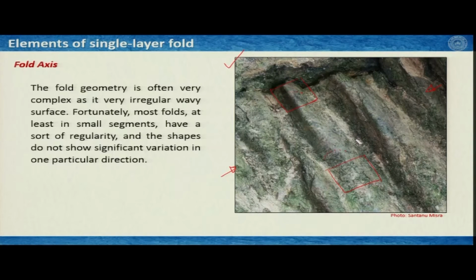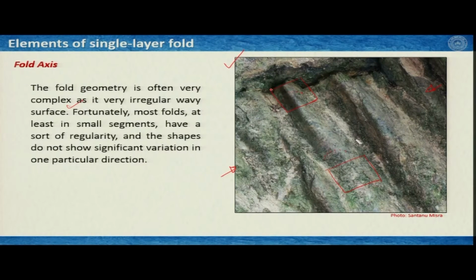So, it is extremely heterogeneous, but as we have learned, no matter how heterogeneous your structure is, there is always a small segment where you can find some sort of homogeneity. This is what is written here: fortunately, most folds, at least in small segments, have a sort of regularity and the shapes do not show significant variation in one particular direction.